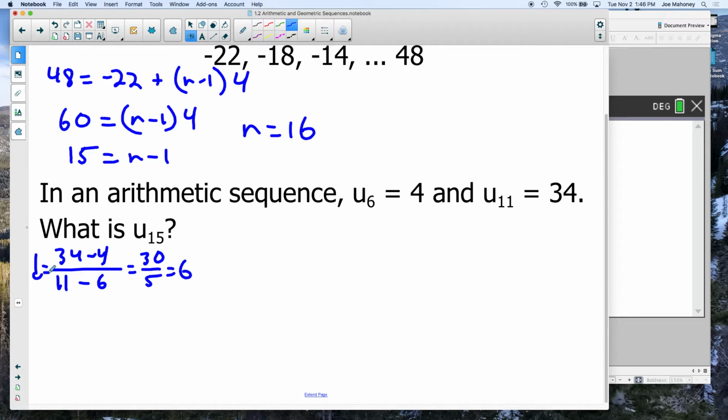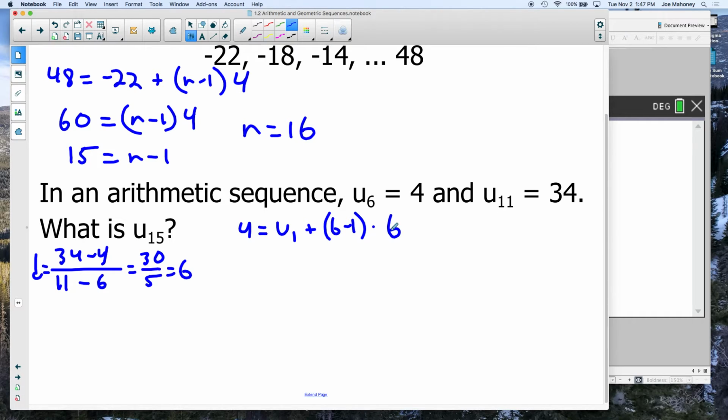So now I have a couple different ways I can approach this. I don't know the first term, so what I could do is use one of these terms. If I know u sub 6 is 4, the sixth term is 4, I could solve this equation for u sub 1.